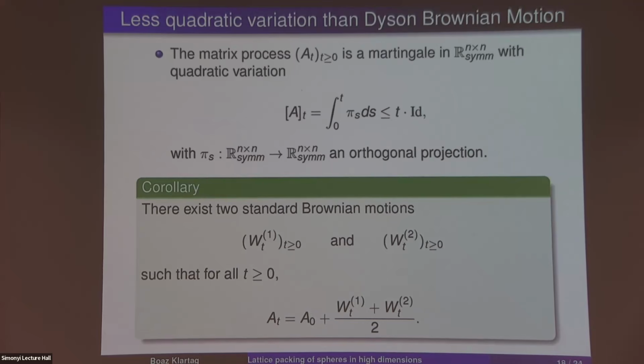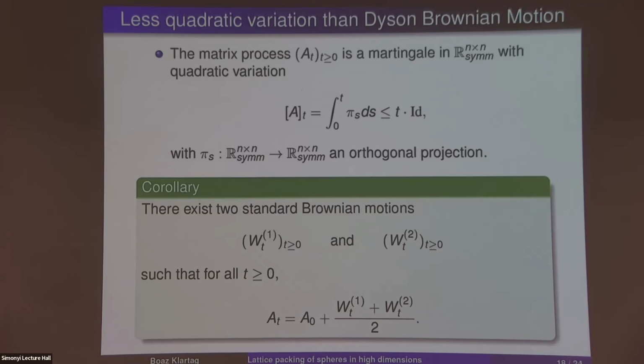The space of matrices is equipped with the scalar product of A and B, which is just trace AB. So it's even a Euclidean metric. It's symmetric, so I don't need transport. That's the simplest possible thing. You have a basis of motion, each of them a Brownian motion. This was Dyson's process.